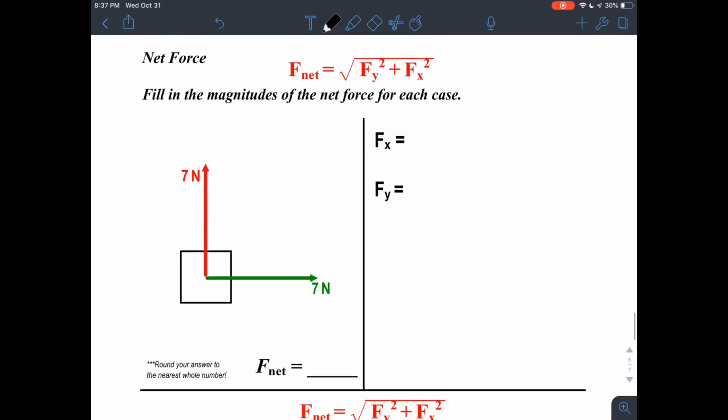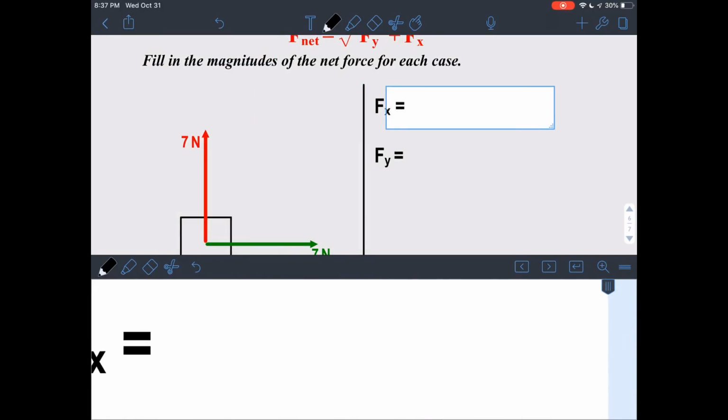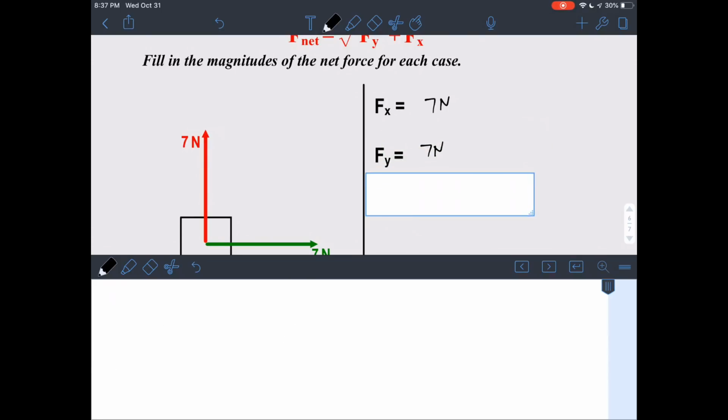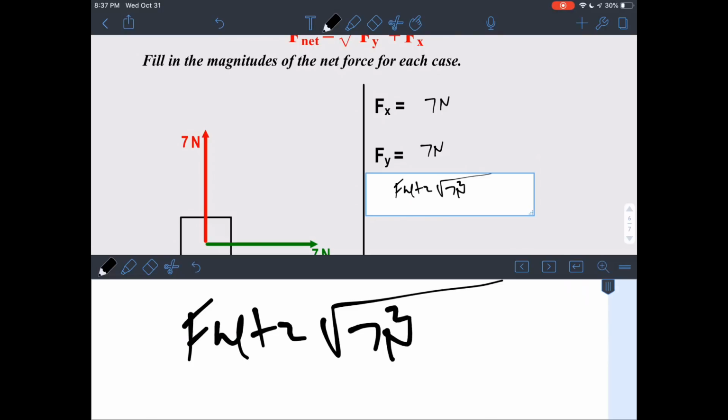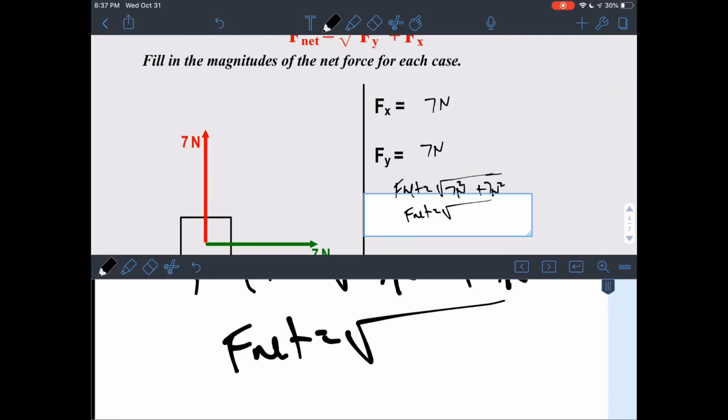So now for this one here, again, we're supposed to find the magnitude of the net force. In this case, nothing too crazy. We've got our Fx, 7 newtons to the right, and our Fy is 7 newtons up. So our F net is going to be the square root of 7 newtons squared plus 7 newtons squared. 7 squared is 49, so F net is the square root of 49 plus 49, which is 98 square newtons.